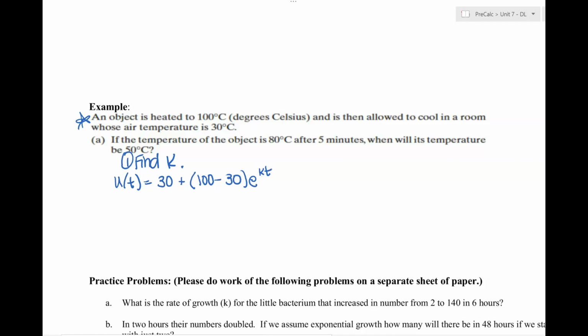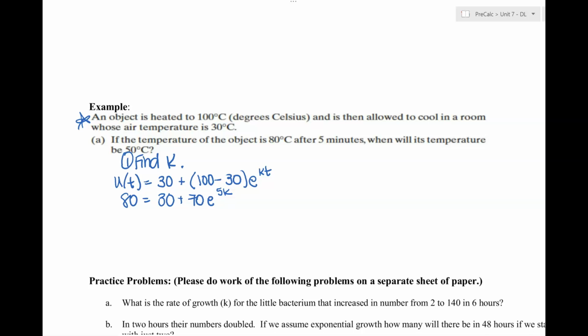Well, that's the only information we know from the beginning. It says if the temperature of the object is 80 after 5 minutes, so that means the temperature is 80. After 5 minutes, when will its temperature be 50? Now we can go ahead and solve for K.